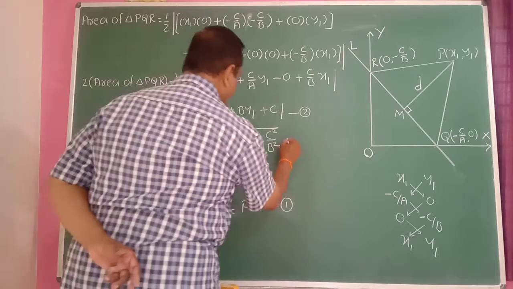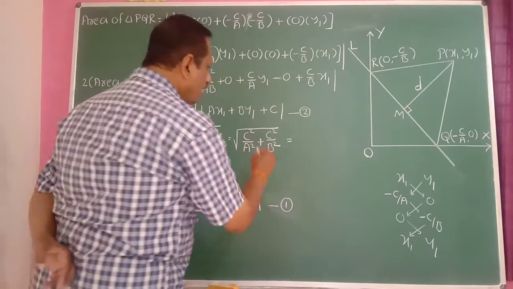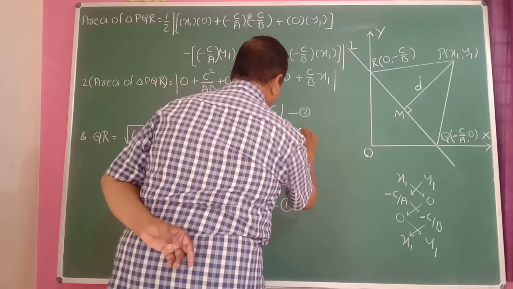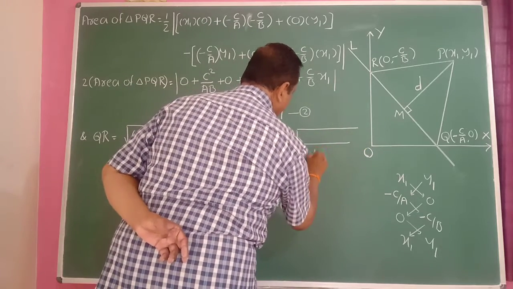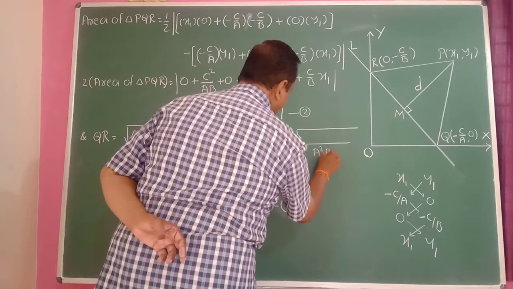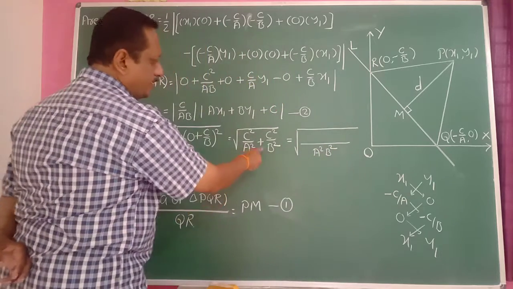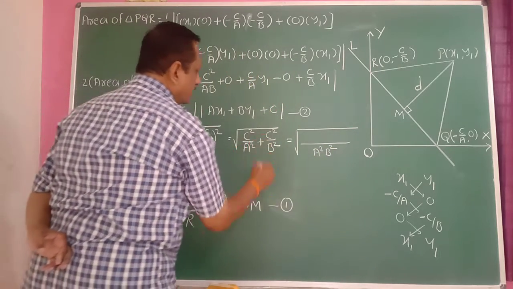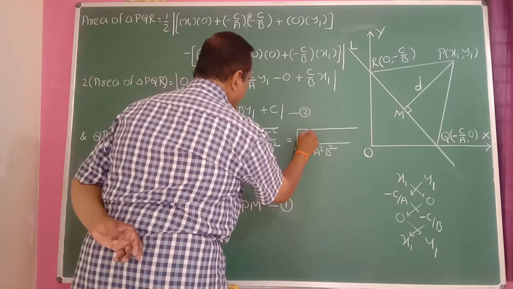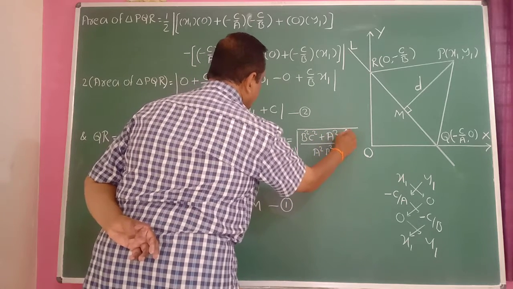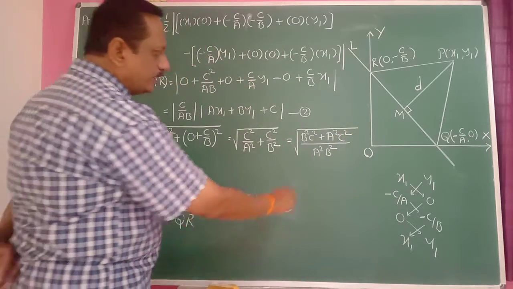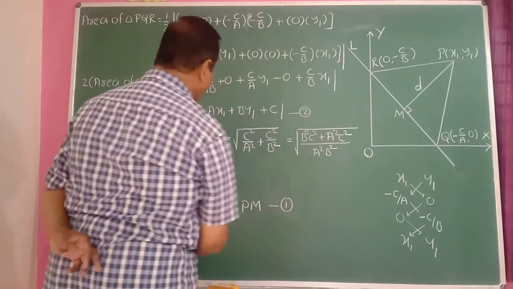Then this is equal to, here take an LCM here. LCM is a square b square here. So a square into b square is the LCM. Multiply b square here and a square here. So b square c square plus a square c square here. In the numerator, c square common factor here.